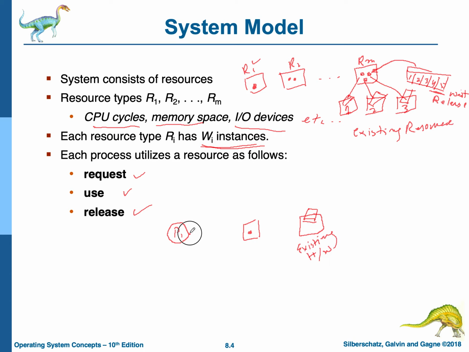This cycle actually works like this. First it requests the resource. When the resource is assigned, it is connected and communicated, so the resource is assigned to P1.